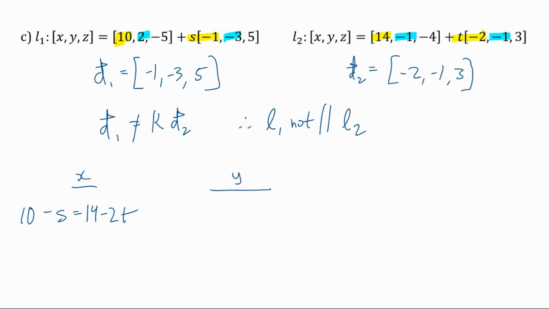So notice that I am not rewriting these out in parametric form first, because I'd just be rewriting it once and then writing it again. But you could, I guess. Negative 5 plus 5s and negative 4 plus 3t. So negative 5 plus 5s equals negative 4 plus 3t.